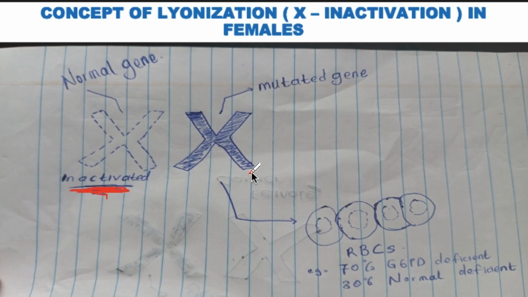Let's keep the concept of lionization simple and short. For a female G6PD carrier who has one normal X gene and one mutated gene which accounts for G6PD deficiency, in embryonic development, the body is programmed in such a way that only one of these genes is selected to bear the full genetic responsibility.